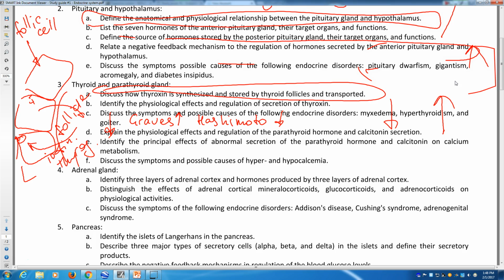Gluconeogenesis, yes. But before you get to gluconeogenesis, what is the breakdown of glycogen? Sorry, when you run out of glycogen, lipolysis, yes, fat. So you always have to think about glycogen, then fat.